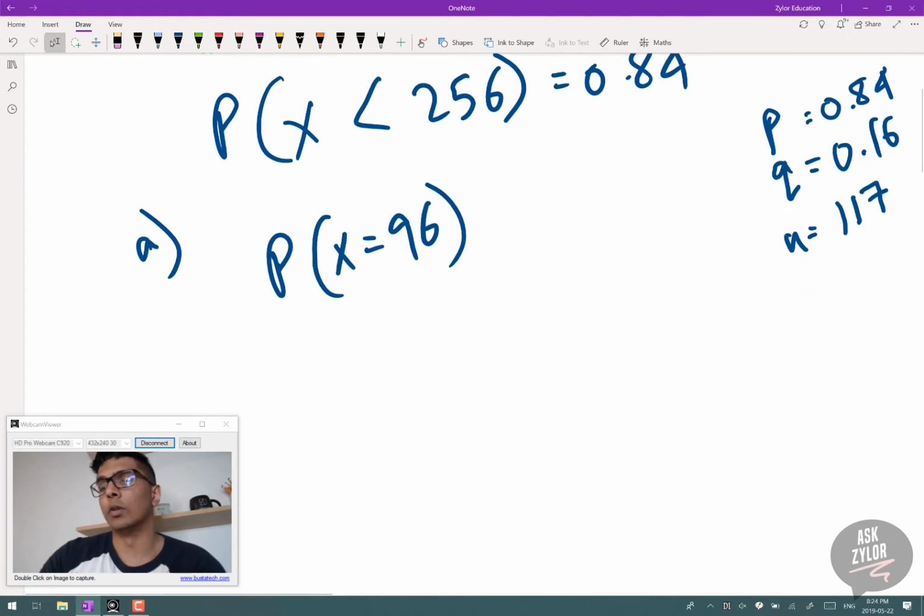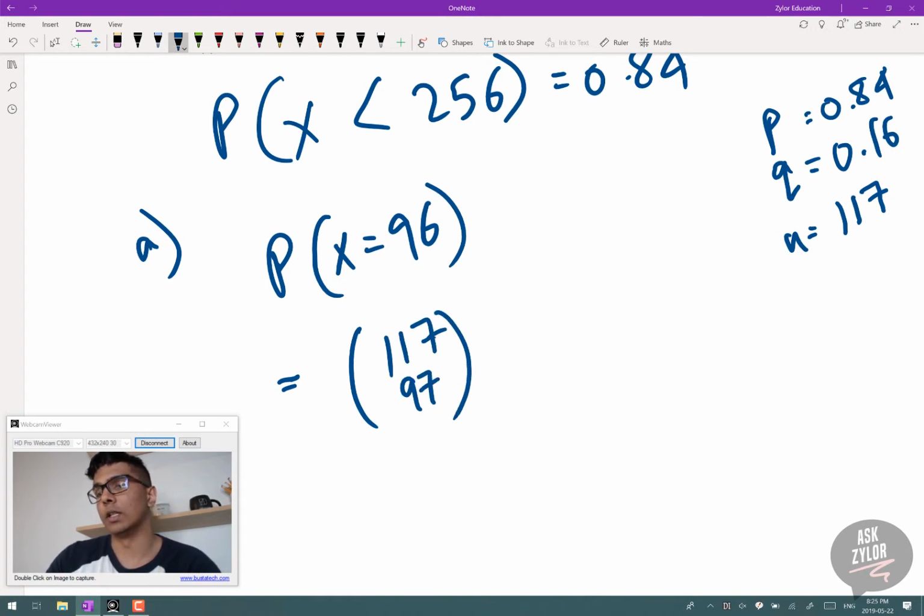Okay, so if I'm looking for the probability that exactly 96 would be less than 256, I'm going to use the binomial distribution equation: the sample size choose the number I'm looking at right now, which is 96, times the probability of success raised to the number of ants that I want to be less than 256.